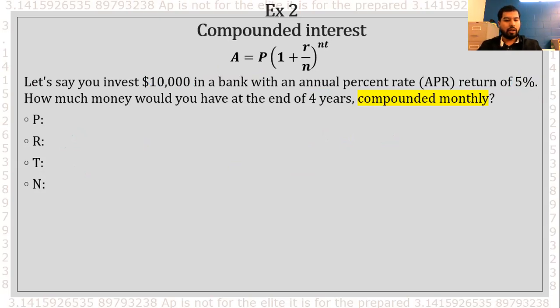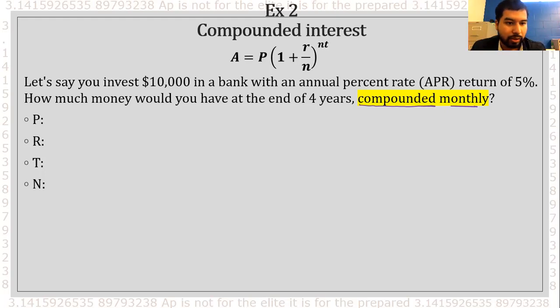Okay. For number 2, keep in mind I highlighted it for you, but this one has the keyword compounded monthly. This is the exact same question, but now our monies are being compounded monthly. So go ahead and pause the video and give this one a try. Okay, so from here, what we're going to do is find out what is my P and all of my values.